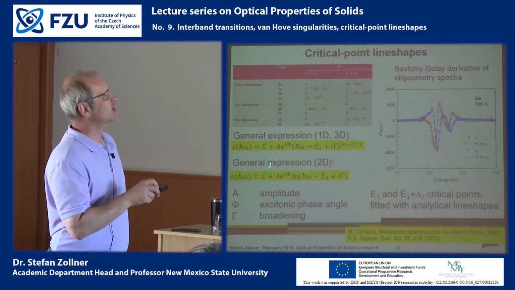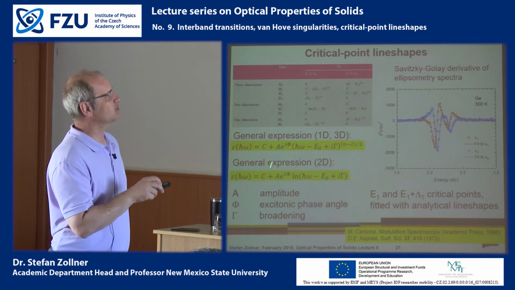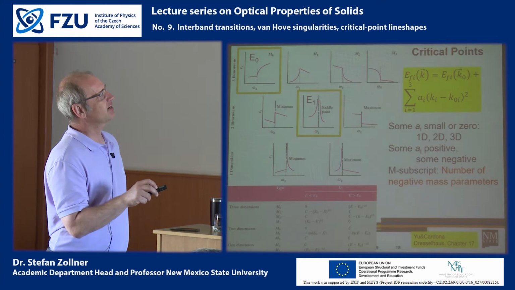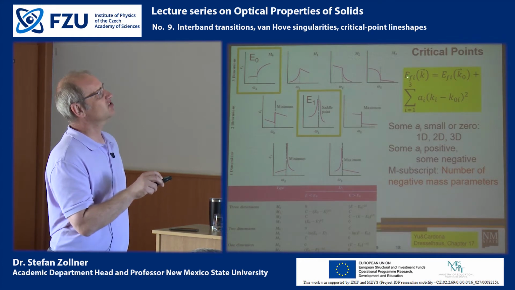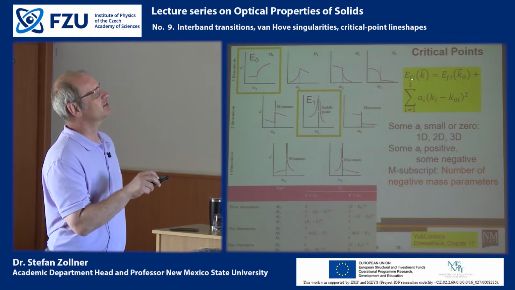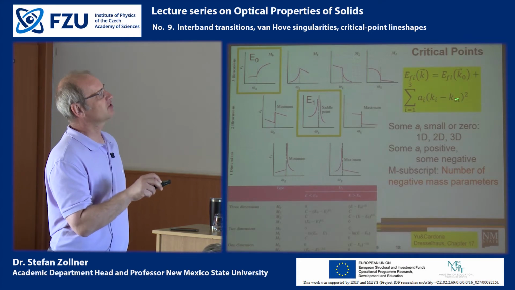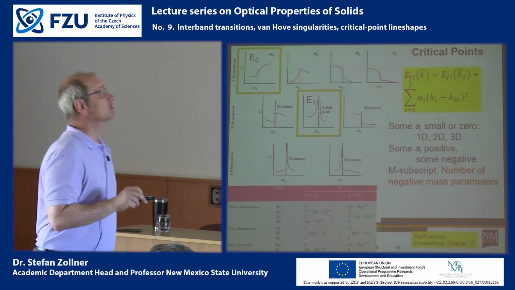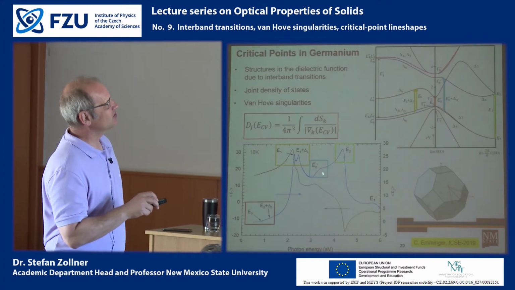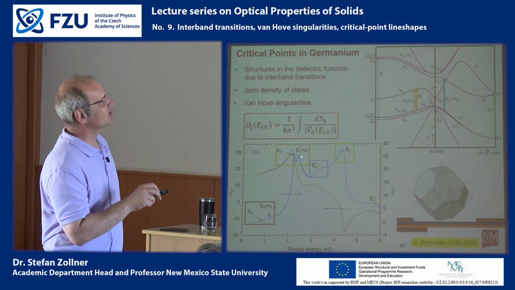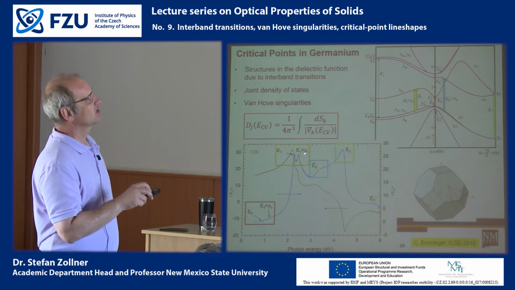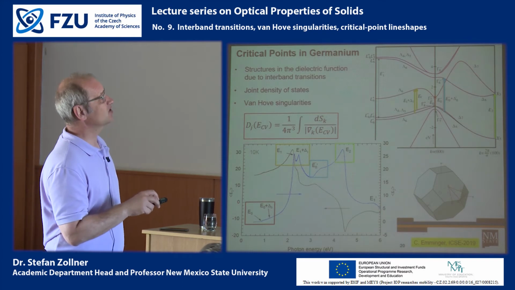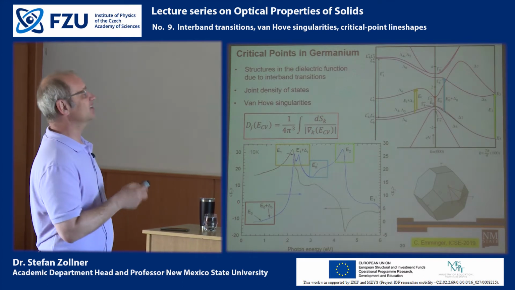So with these general expressions, they were derived from a Taylor expansion of the energy difference between the final and the initial state. So here's our Taylor expansion. And therefore, we should assume that they are accurate right at the critical point. But these Taylor expansions do not describe the linear background.